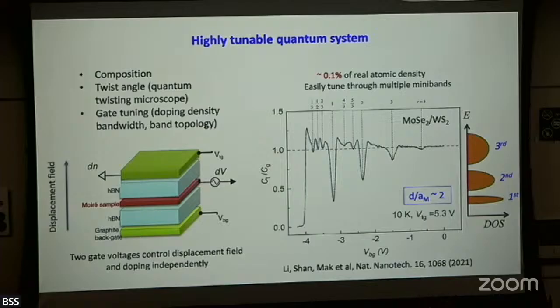And because each band is spin and valley degenerate, that means we cover two bands. And I'm not showing data, we can keep going, actually. You can see 3 or 4 bands. So yesterday, there's a question about this background, right? So this background, you see again in this capacitance measurement.